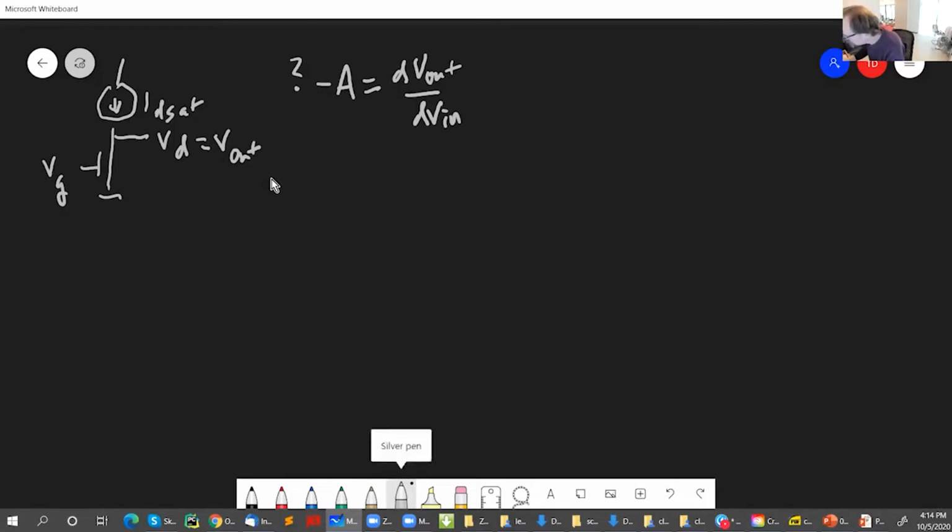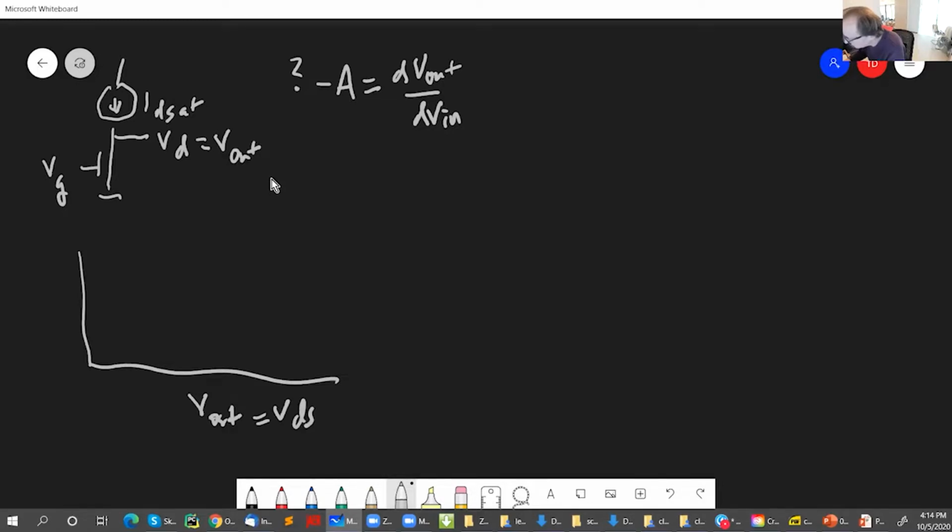And so the situation, if you look at it in terms of the drain currents of this transistor, is you can plot as a function of V out here, which is equal to VDS of the bottom transistor, the drain current of the bottom transistor. Let's do that, say in blue here. This is the IDS. And so you have the typical saturation.